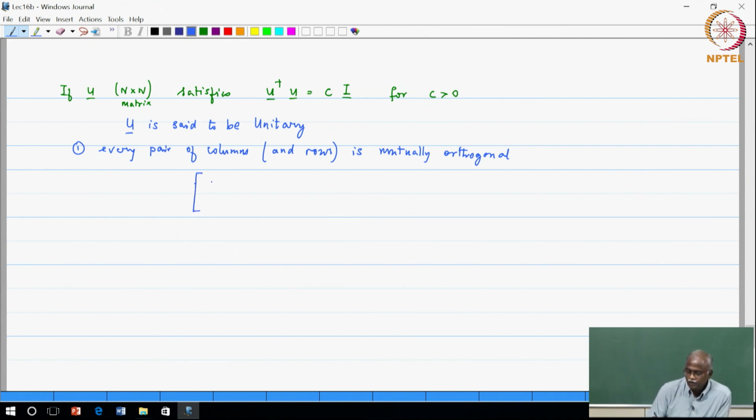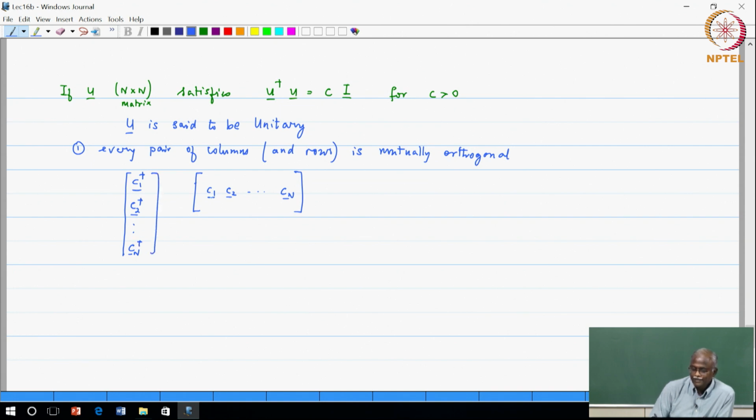If you write down the columns as C1, C2 up to Cn, these are column matrices, and what does the basic result say? U transpose conjugate: what you will get is C1 column, you do transpose conjugate, it becomes a row vector, C2 dagger, up to Cn dagger.